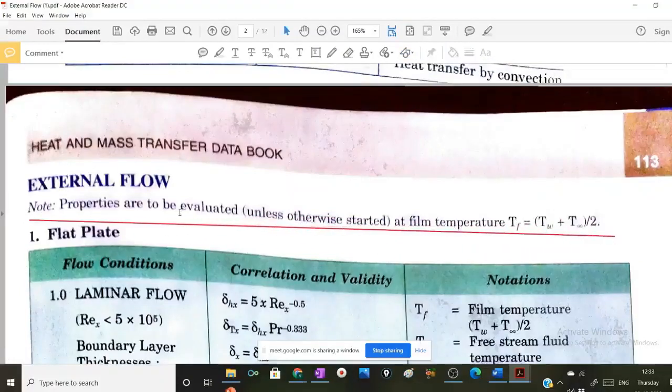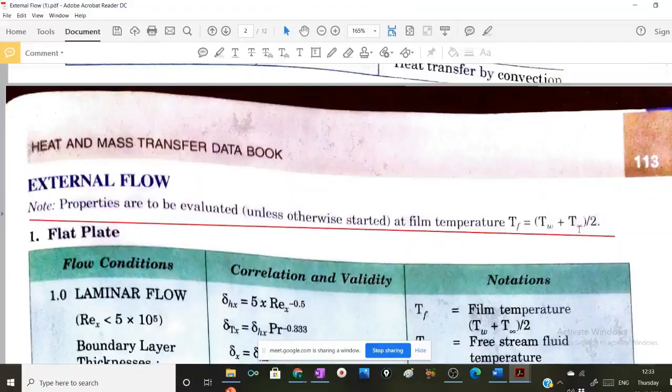Properties are to be evaluated, unless otherwise stated (this is stated, not started), at film temperature, the mean film temperature, which can be given as Tw plus T infinity by 2. Tw is nothing but wall temperature or surface temperature, which can also be represented as Ts, and T infinity is the fluid temperature.